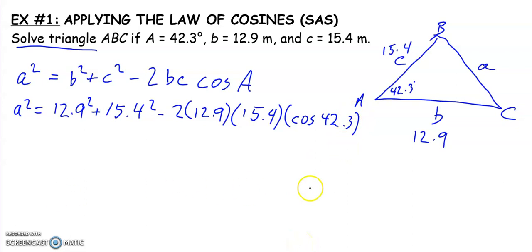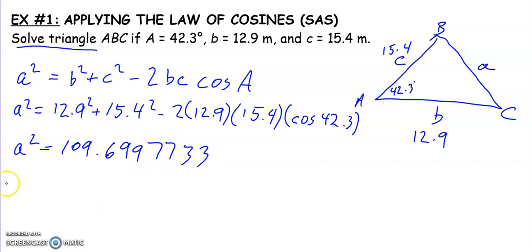Now I am going to bang all of this into my calculator all at once. I'm not going to solve it in parts because I don't want to round, so I'm going to put it all into my calculator at once, and my calculator comes back and it says 109.6997733. There's what my calculator says. But really this goes on forever and ever and ever because of the cosine of 42.3.